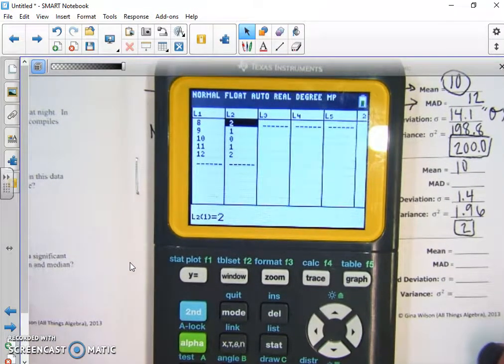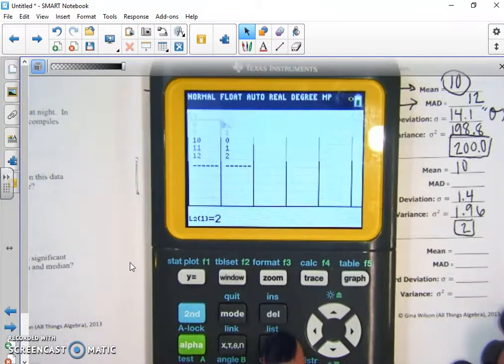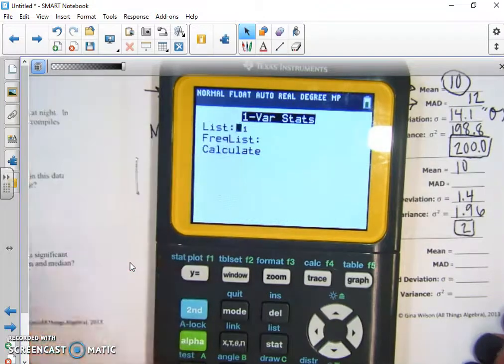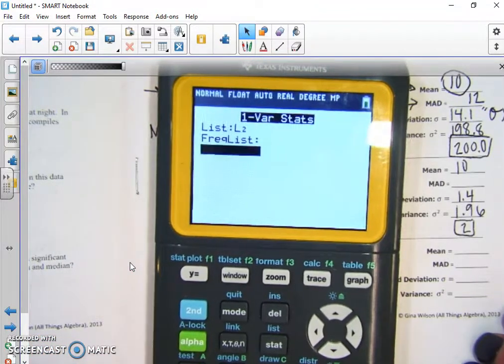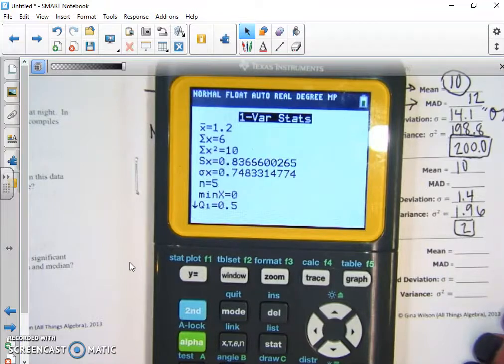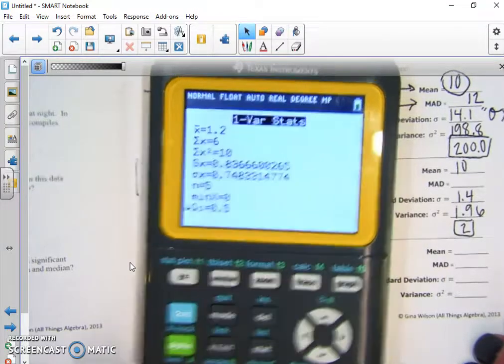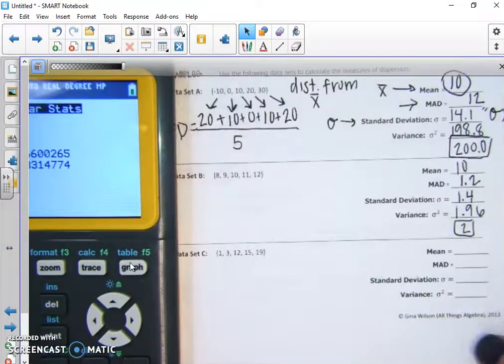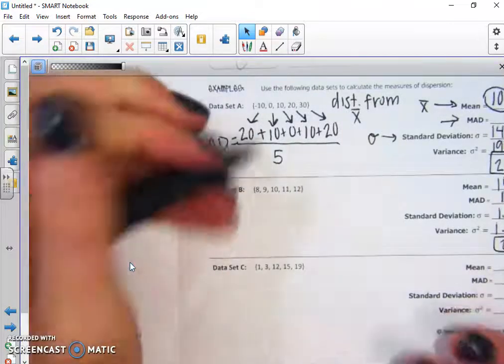Now we're going to find the average of these values. So we can do Stat, Calc, var stats, but this time we want to check L2. So second 2, calculate, and our mean is 1.2. Okay. Again, if you don't want to do it that way, you can just list it out like we did before.